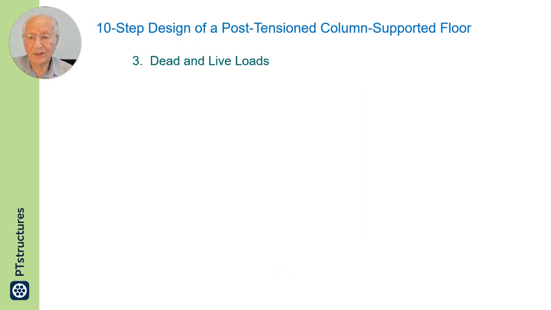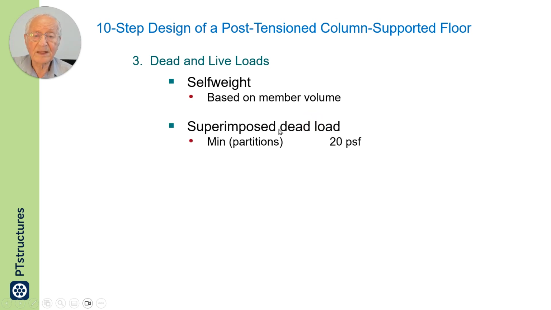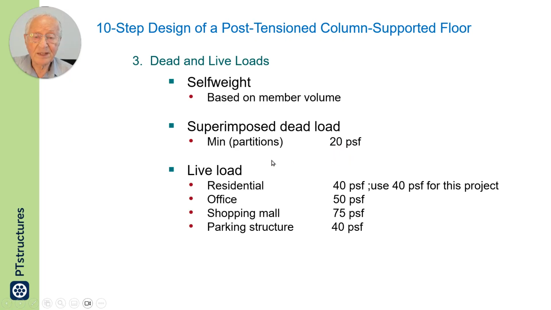Then next we go to live and dead load definition. Self-weight is based on the member volume, superimposed 20 pounds per square foot. That is what the ACI code requires.